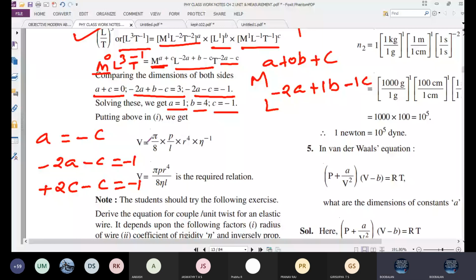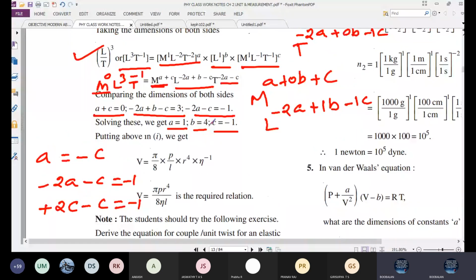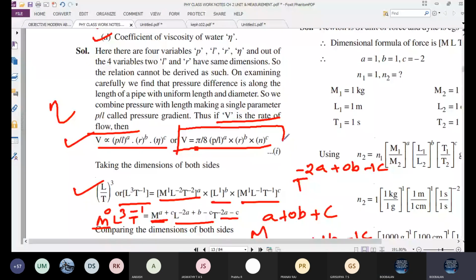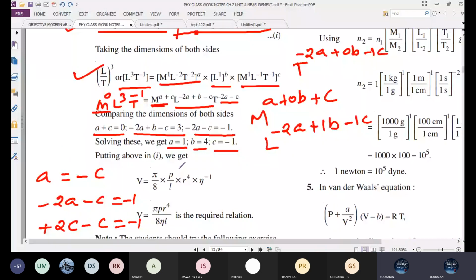Now, all the values we can apply into the first equation, in this formula. A value 1, b value 4, c value minus 1, neta minus 1.